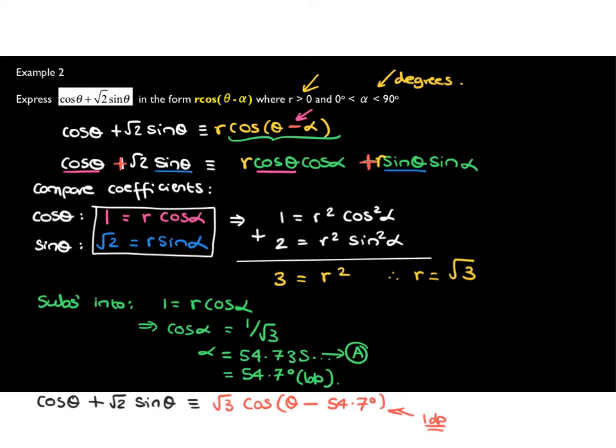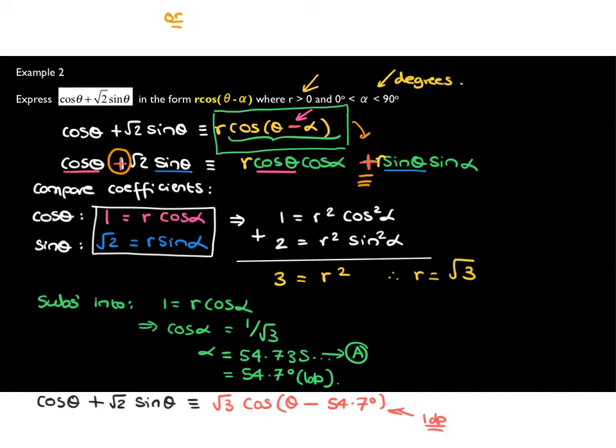Now the key thing here was a very clever choice of compound angle. If we'd chosen something else, it would have made the working a little bit more complex because the identity wouldn't have matched the left-hand side as well. So the careful choice here was noticing that we wanted a plus between the terms, so we needed a compound angle formula that would have resulted in a plus as well.